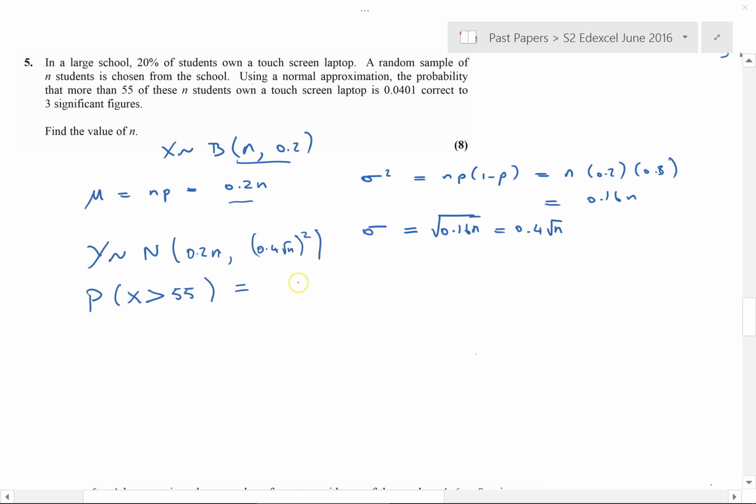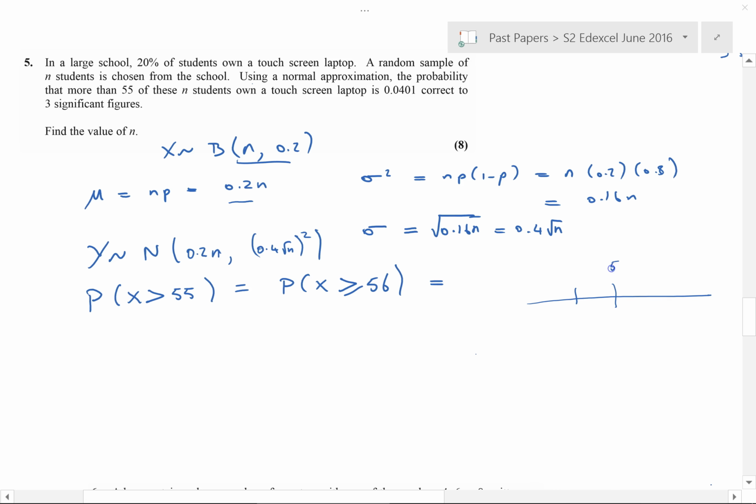What I tend to do is change it to a non-strict inequality first. And using the continuity correction, once we've changed to that type of inequality, the way I work out the continuity correction is to use a number line.